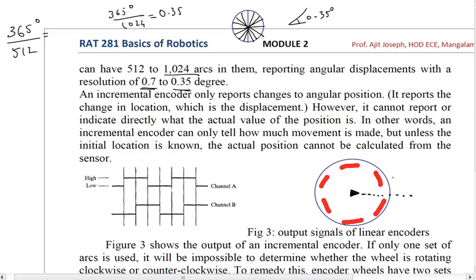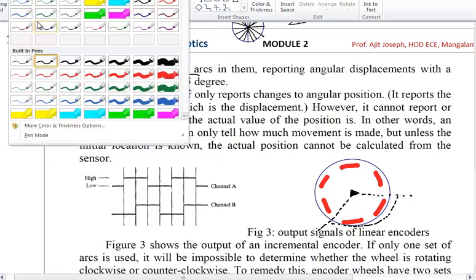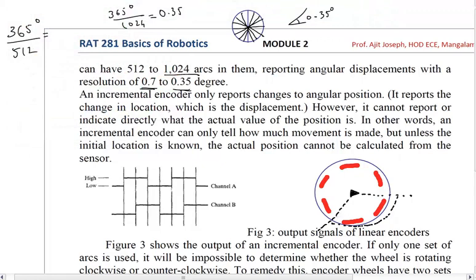Now if this goes to an angle of, let's say, up till this much, which is close to 120 degrees, see what is going to happen. I am going to have a pulse waveform which will basically start from here. Let me draw it.